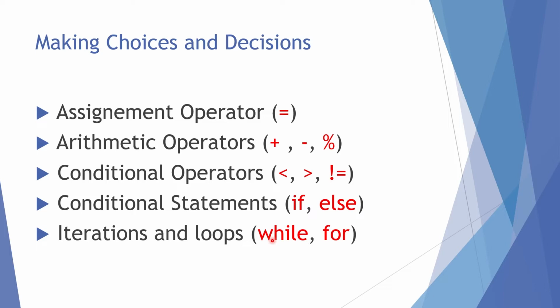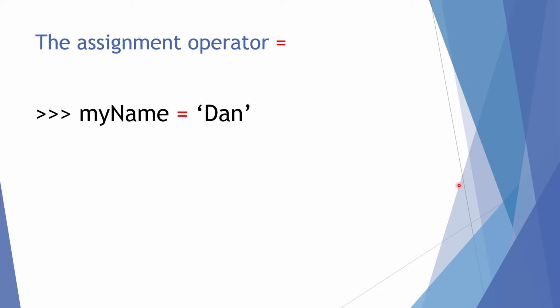And before we go into these control flow tools, we have to first look at the assignment operator. In programming, the equal sign is known as the assignment sign. It means we are assigning the value on the right side of the equal sign. We are assigning this string value Dan to the variable on the left side.